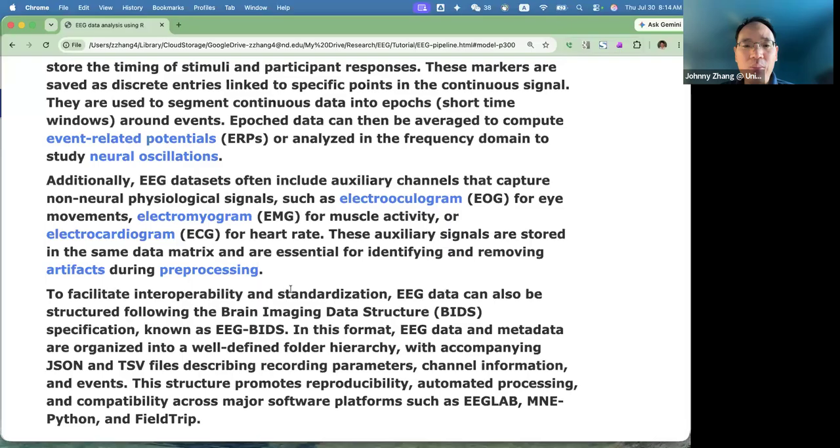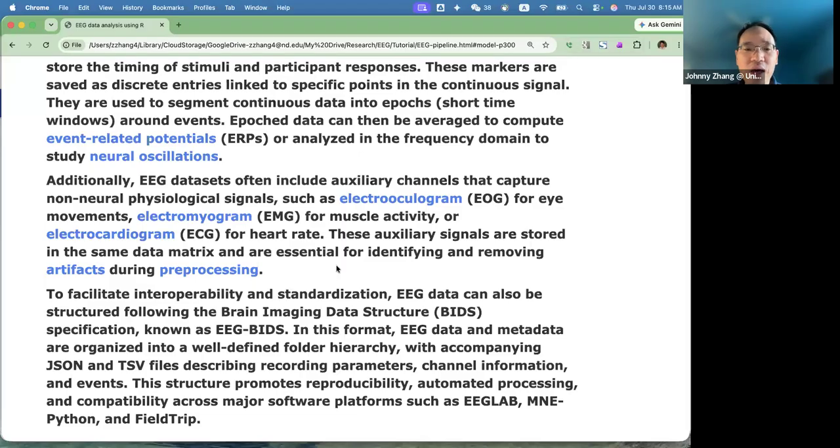Beyond measuring the brain activities using the electrodes, oftentimes we also include some auxiliary electrodes or channels. These can be used to capture other non-neural information. For example, we can capture the eye movement. We can capture the heart rate of the participants.